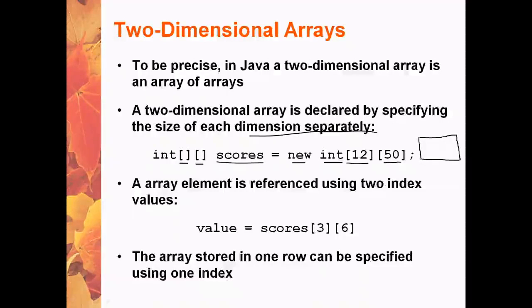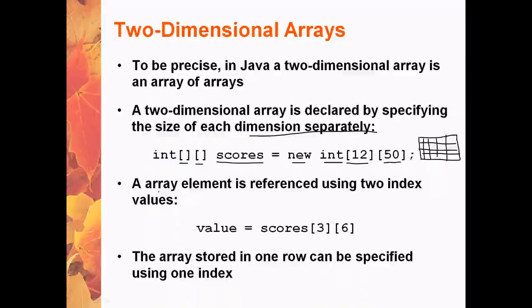These are rows like this, 12 rows, and like this we have columns, altogether 50 columns.